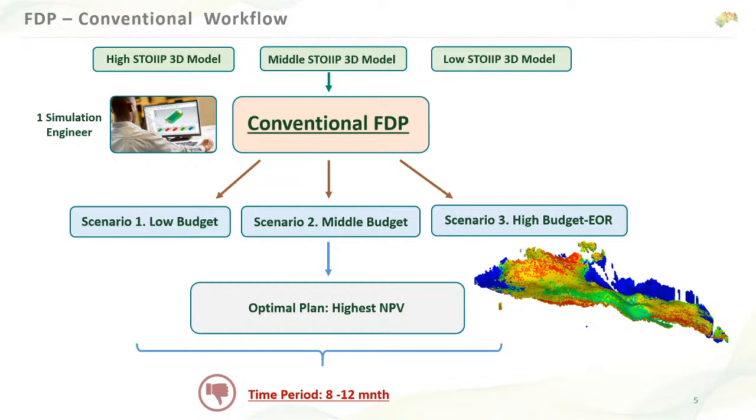But in Polyplan, most of this is automated, in the sense that you do need a good history match model, but the actions that you are taking for the FDP, as we saw, are done completely online.